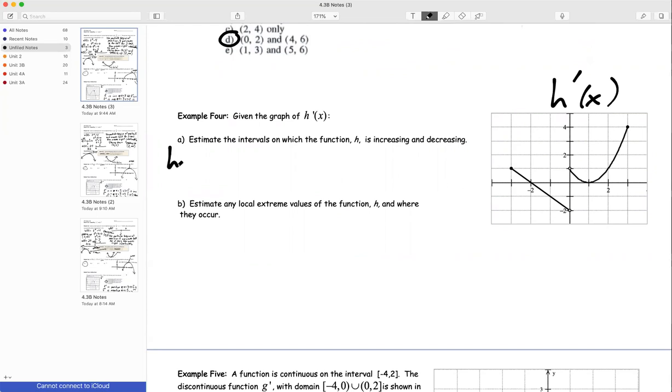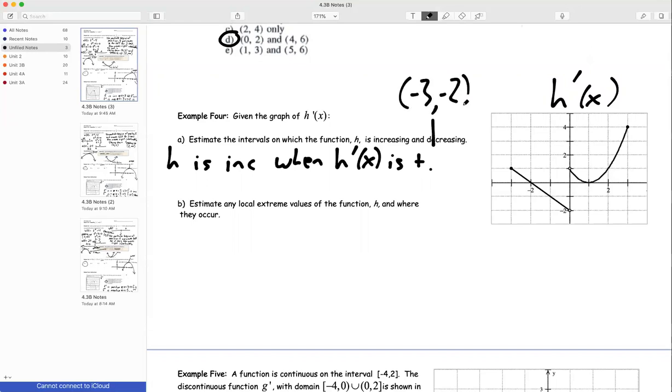Okay, so I'm going to say h is increasing when my derivative, h prime of x, is positive. So looking at this graph of h prime of x, it will be positive whenever it is above the x-axis. So I'm going to say from -3 to -2.